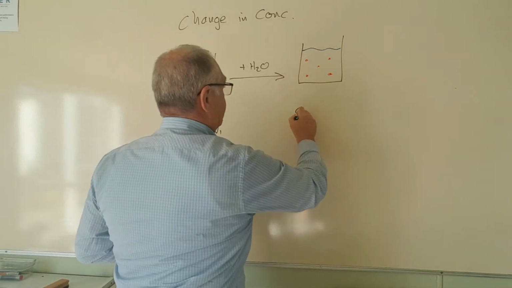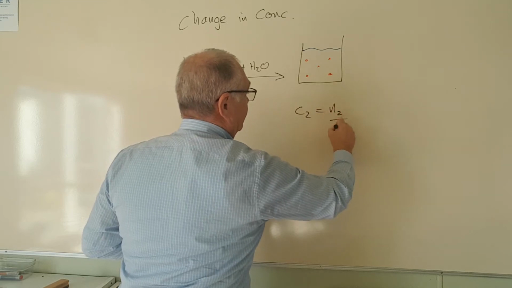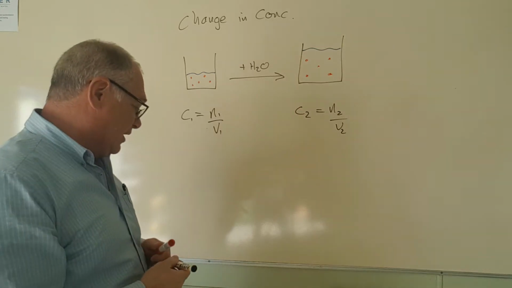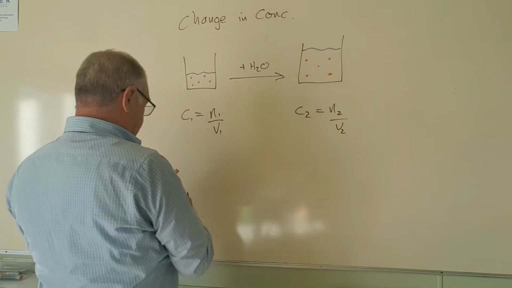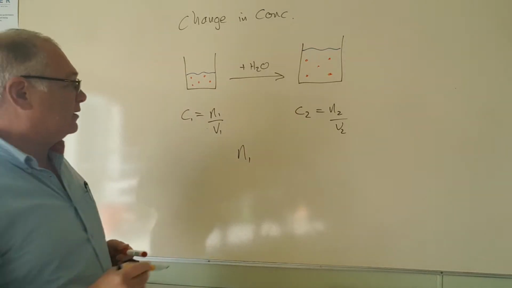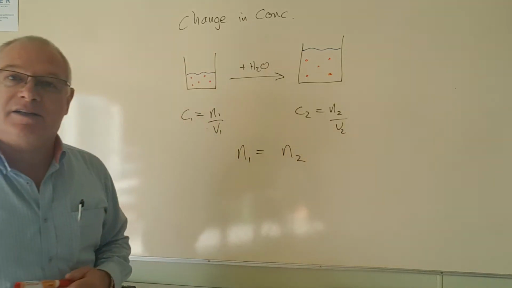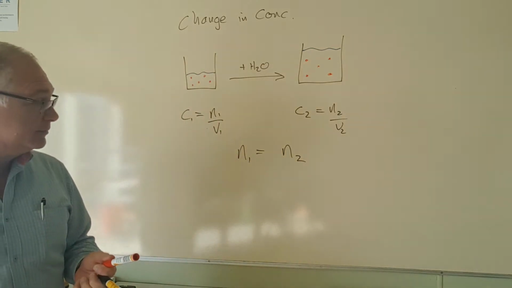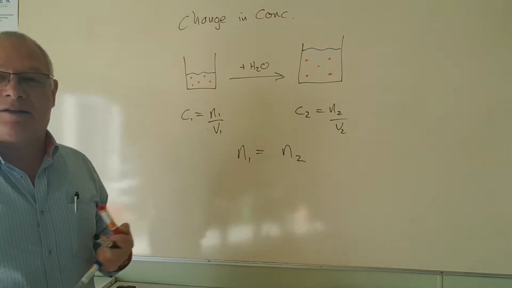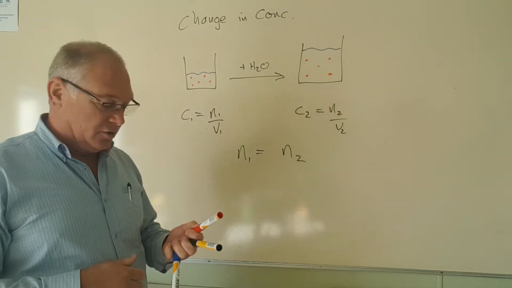So here we have concentration number 2, which is the number of moles 2 over the volume 2. Now what we can say is that the number of moles in the first container is the same as the number of moles in the second container, or the second solution. They haven't changed. We have simply changed the amount of water, and therefore we've changed the concentration.